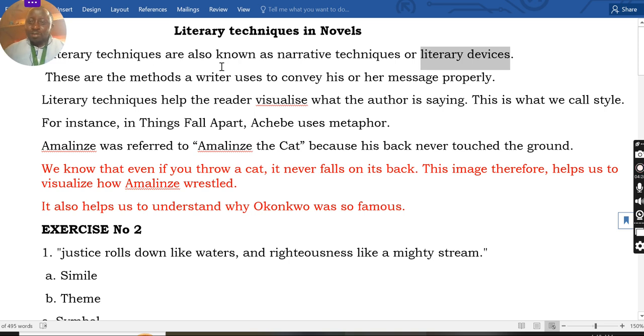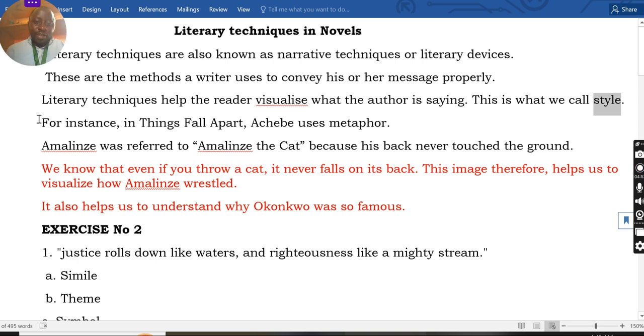So this name, style, is added to the other three names, which all mean literary techniques. Dear student, this was a short reminder about literary techniques, especially when you look at literary techniques in novels.